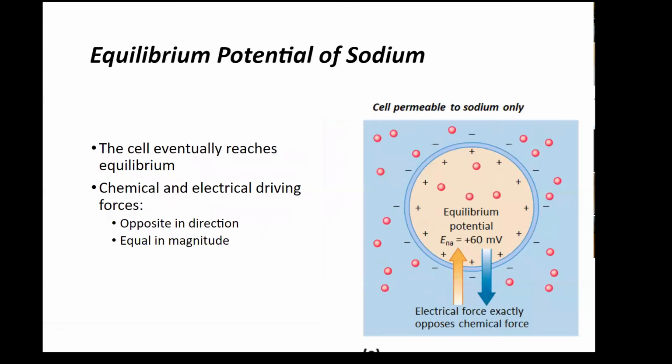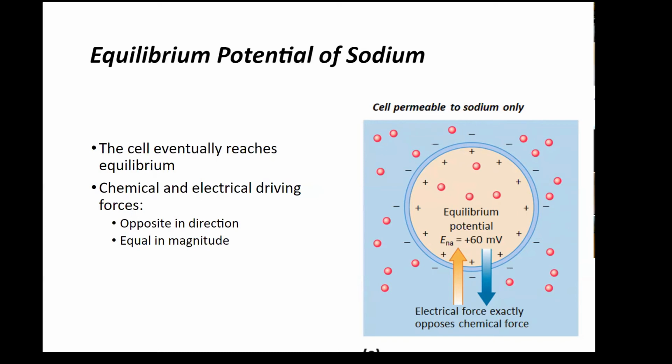So this is going to continue until our cell reaches equilibrium. The equilibrium potential, just like usual, is when we have equal and opposing chemical and electrical driving forces. So they cancel each other out. If we add them together, we'd get 0. We're going to have no net movement of our ions.